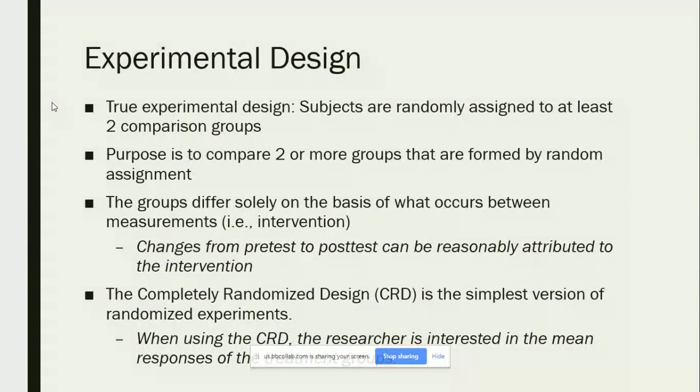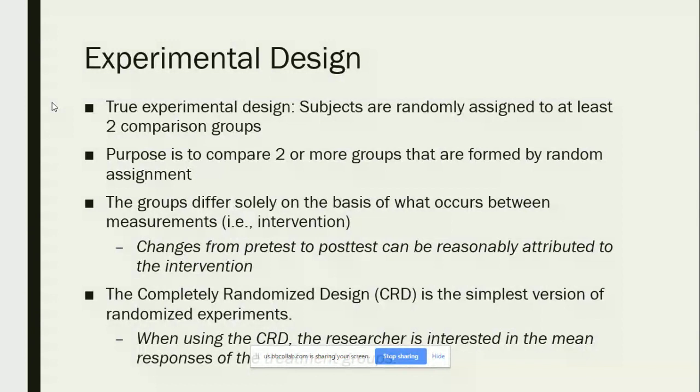So the groups are only going to differ based on some type of measurement. What's the intervention? For example, you give some sort of test, a pre-test and then a post-test. You want to know the result, or the measure of causality, between the pre-test and the post-test because of the intervention.